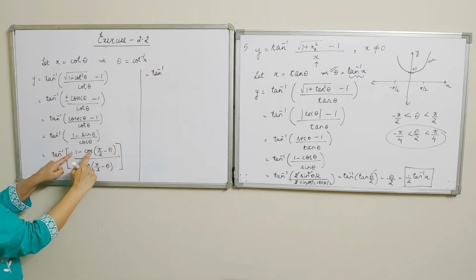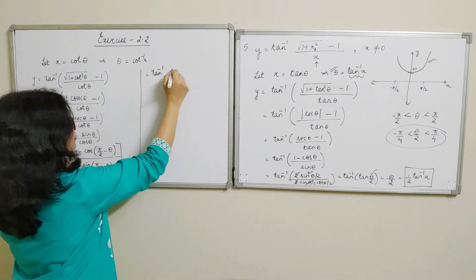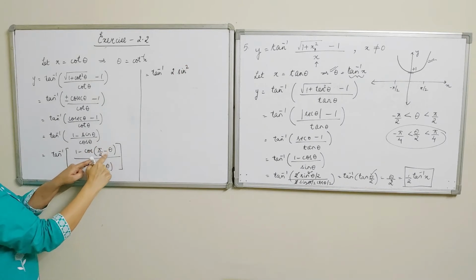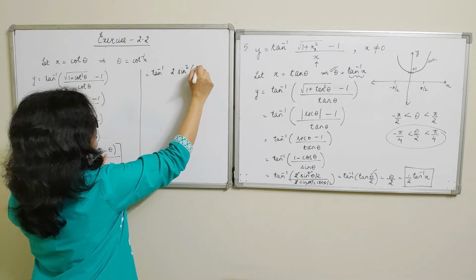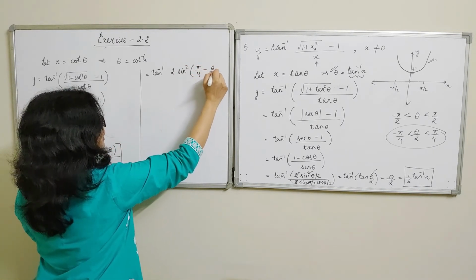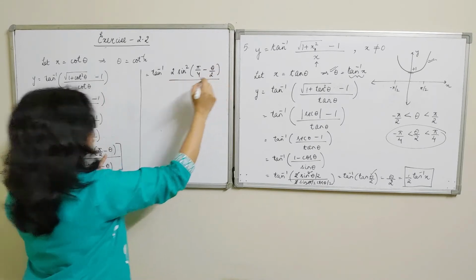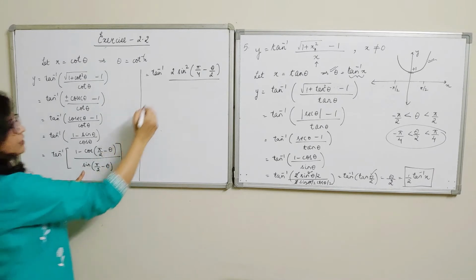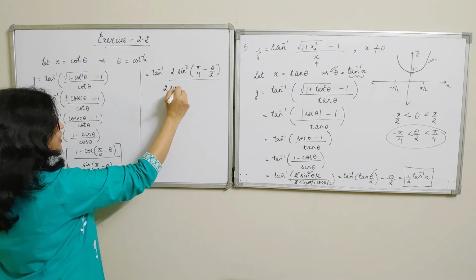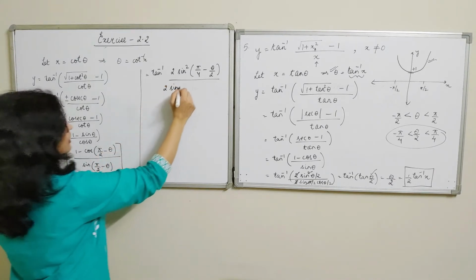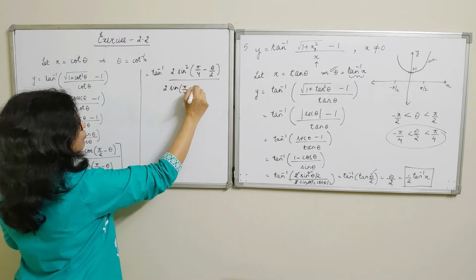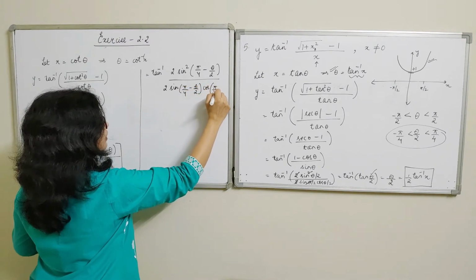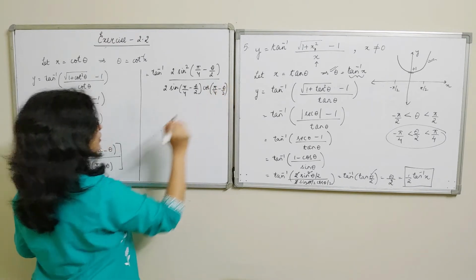So 1 minus cos theta gives us 2 sine square half of this angle, so the angle is pi by 4 minus theta by 2. Likewise, sine 2 theta can be written as 2 sine half the angle pi by 4 minus theta by 2 cos pi by 4 minus theta by 2.